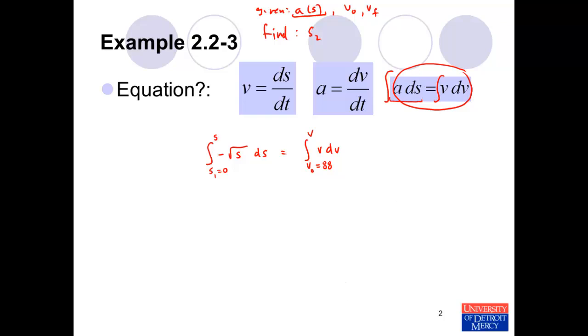Instead of actually plugging in the upper limit velocity, which we know, we're going to go ahead and solve it symbolically, leave it as a variable, so that we get an expression for position as a function of velocity. The reason to do that would be, one, perhaps there's another part of the problem where having a function for s would be useful as opposed to just having the number answer of the position at the final state.